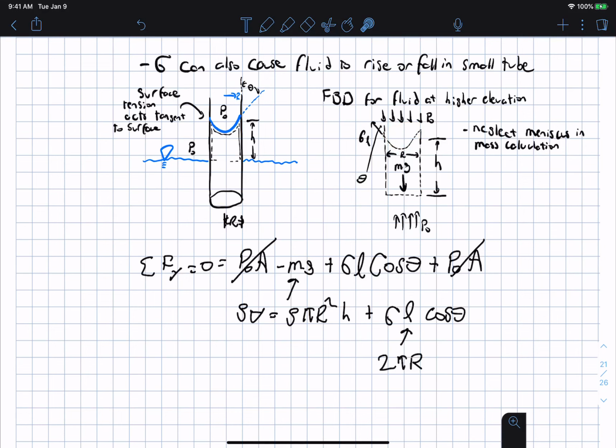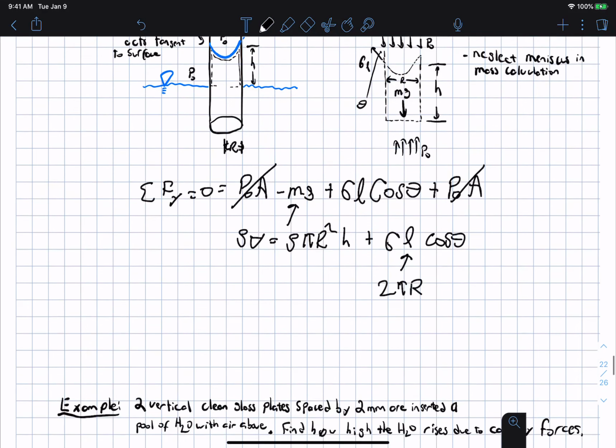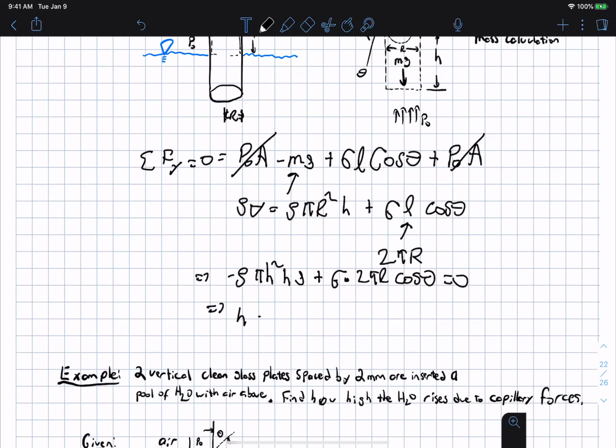Okay, so then this implies that minus rho times pi r squared h g plus sigma times 2 pi r cosine theta is equal to 0. This implies that h equals 2 sigma cosine theta over rho g r.